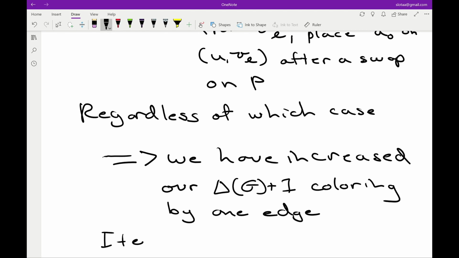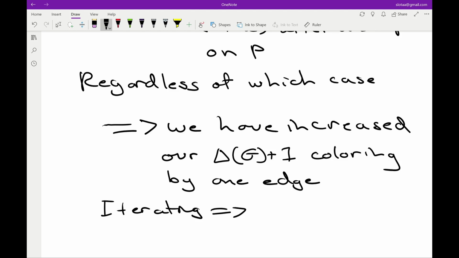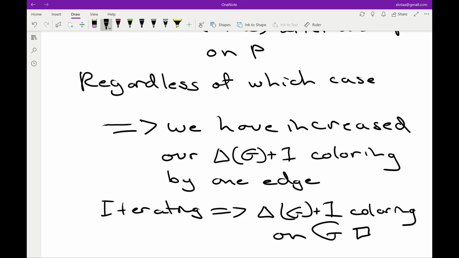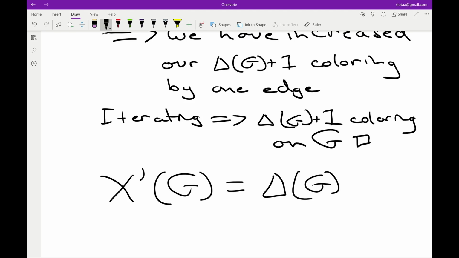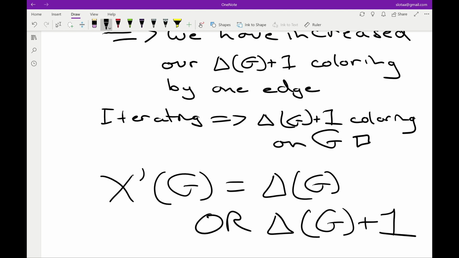So iterating gives us a delta G plus 1 coloring on the entirety of G. So the takeaway here is that the edge chromatic number of G equals delta G or delta G plus 1. So that's the primary takeaway here of this proof.